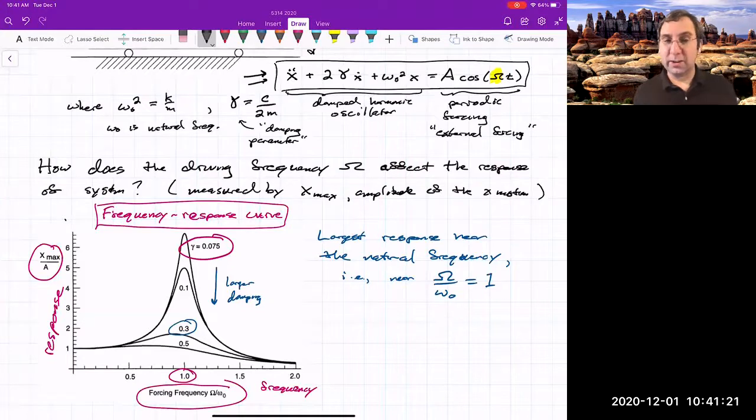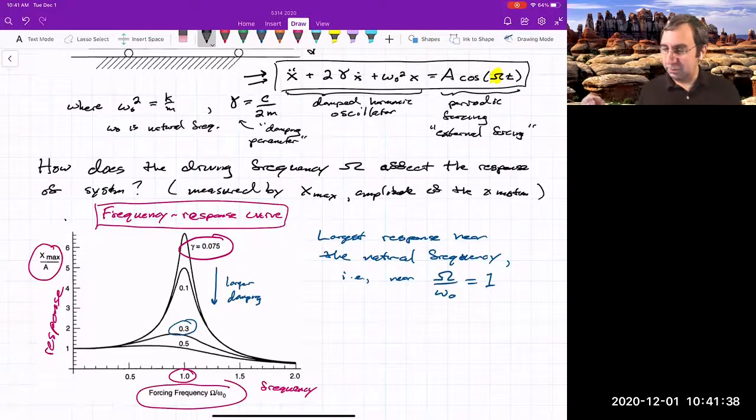This is why you want to find the natural modes of a system. This is just 1 degree of freedom, but you can imagine if you are forcing a system like a building, it's got many different modes. If you were to force it at some frequency close to any natural frequency, you could break the building.